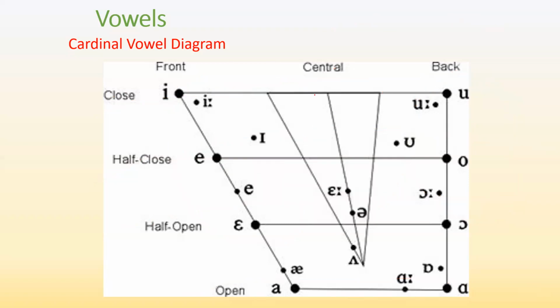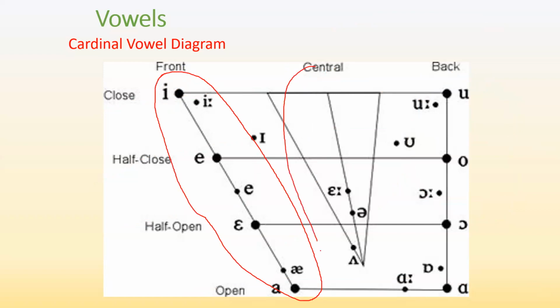Right? Okay. So now we need to represent these four phonetic features in this diagram, in this tongue. We need to identify how they have been represented, right? So the front part of the tongue, this is the area. All the vowels that are located in this area are called front vowels. And all the vowels that are located in this area are central vowels.